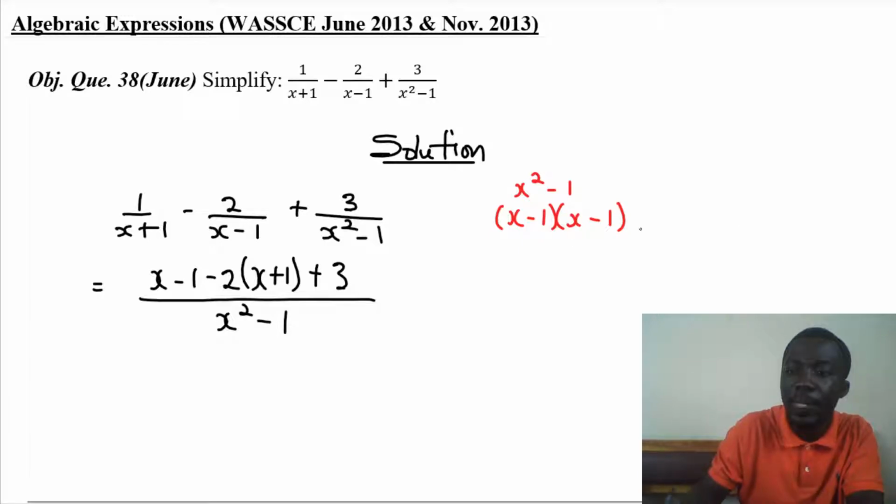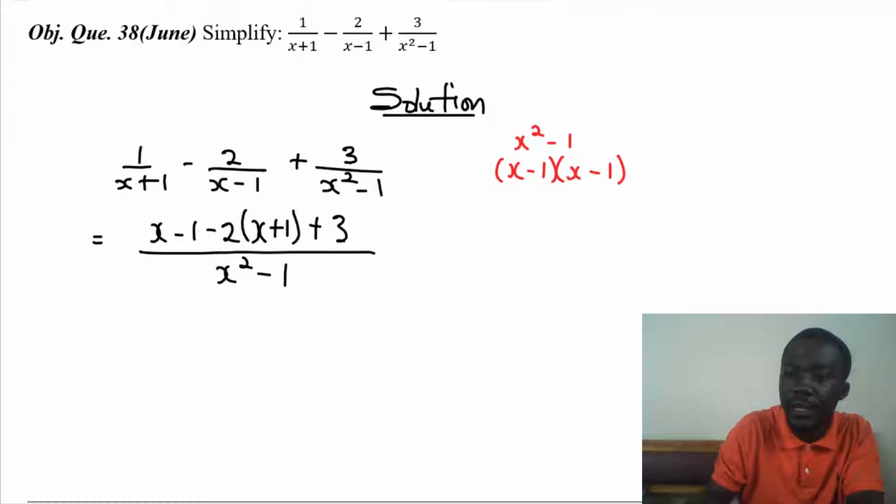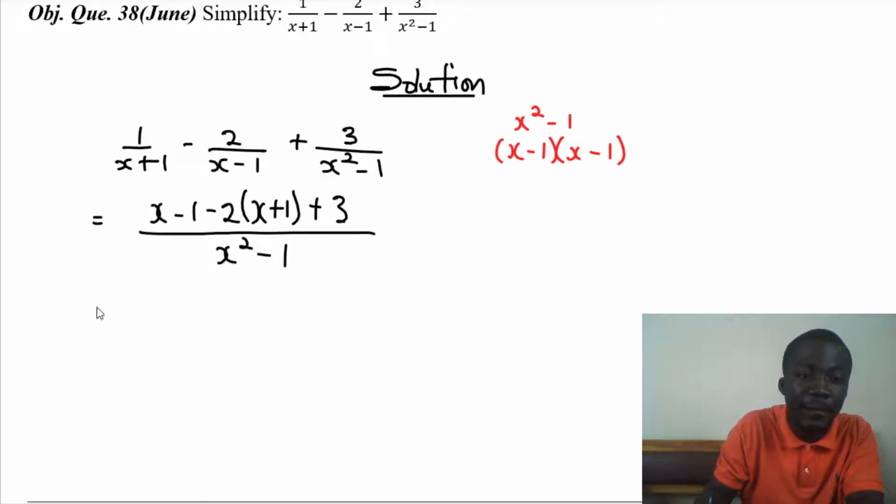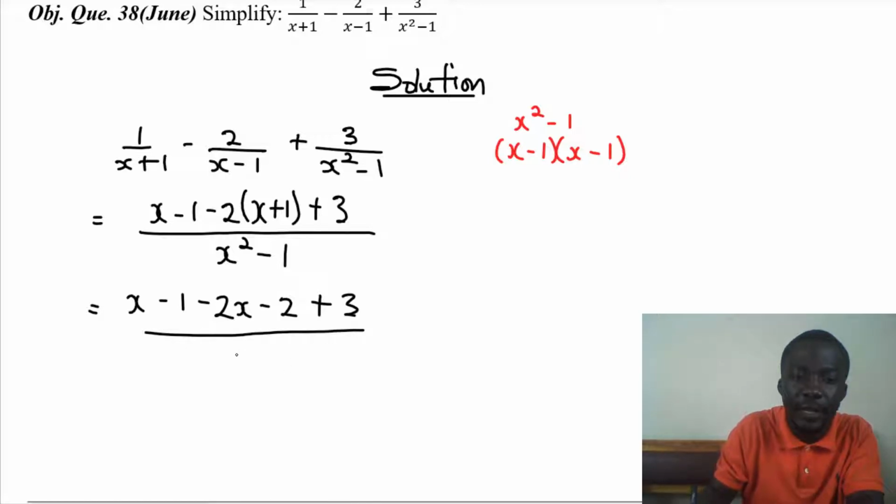So we are going to end here and continue by simplifying the numerator. Then we will have x minus 1. Negative 2 times x will be negative 2x. Then negative 2 times 1 will be negative 2 plus 3 divided by x squared minus 1.